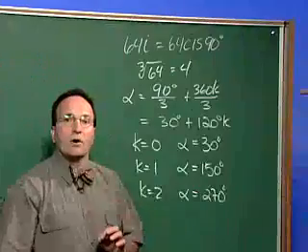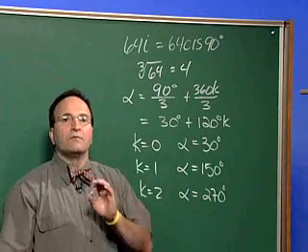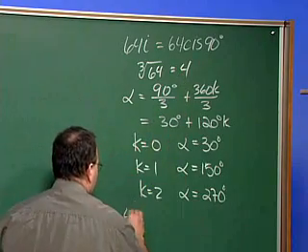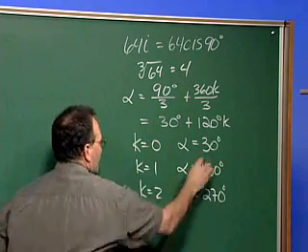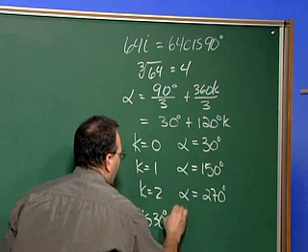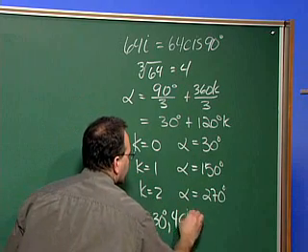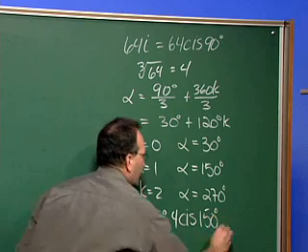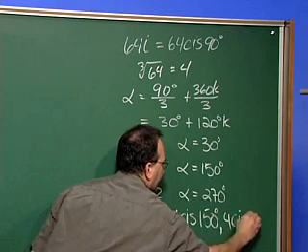So our polar form for the roots would be 4 cis 30 degrees, comma, 4 cis 150 degrees, comma, 4 cis 270.